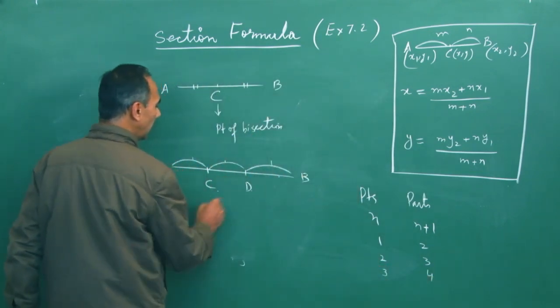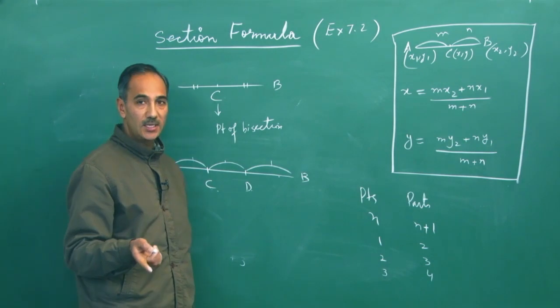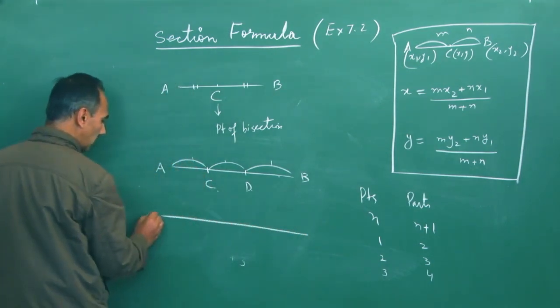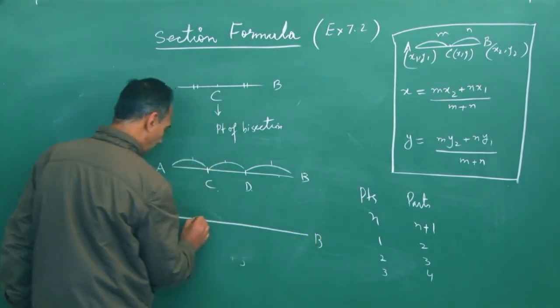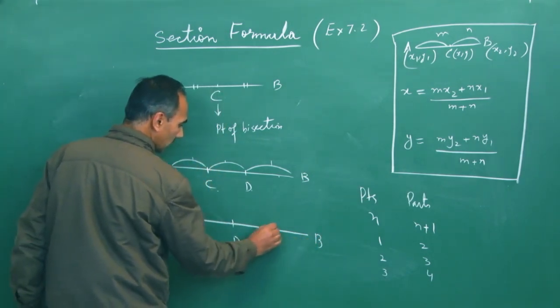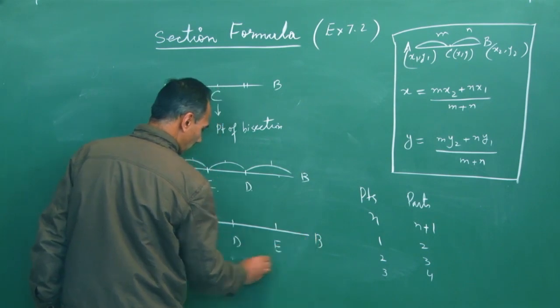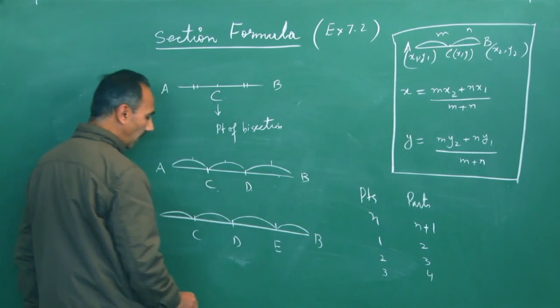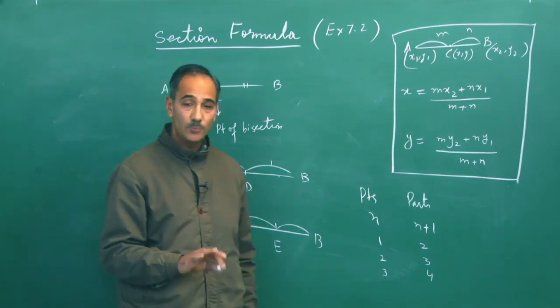Now C and D are points of trisection. They divide it into 3 equal parts. And if you divide a line segment into 4 parts, this is my C, this is my D, this is my E. Now AB is divided into 4 equal parts. How many points? 3 points.